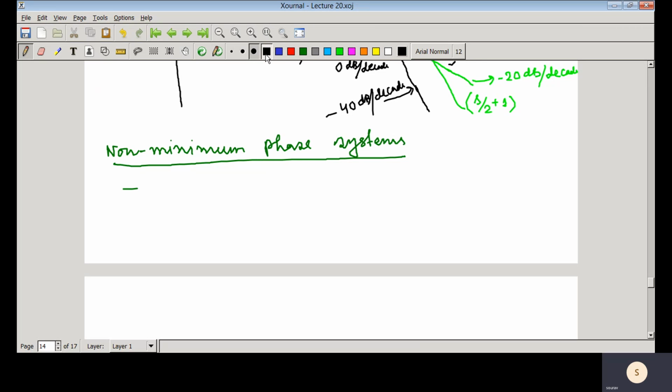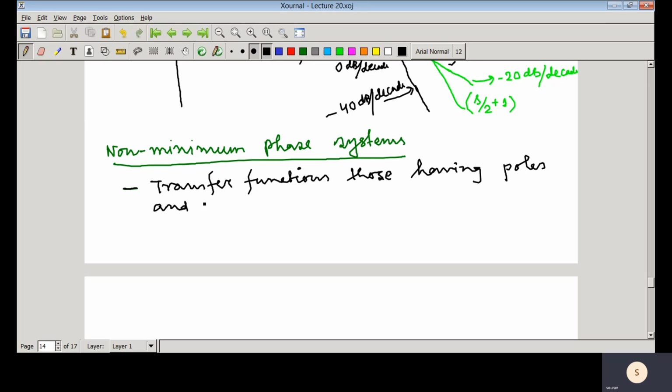So let us just write the definition, that is the transfer functions, those having poles and zeros. So this is very important because it has a lot of practical implications.